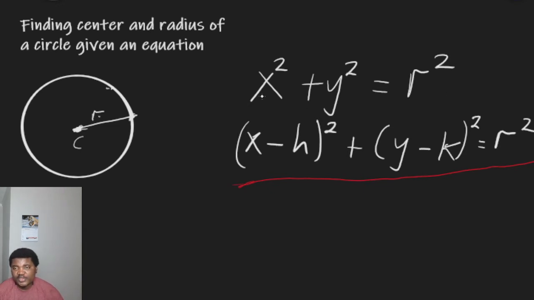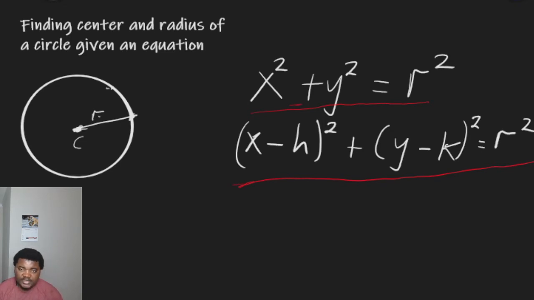The first one, x squared plus y squared equal to r squared, is basically the same thing as this one, where the center is actually at the origin (0, 0). So actually it's the same thing. If you are given an equation, this is what you have to look for.